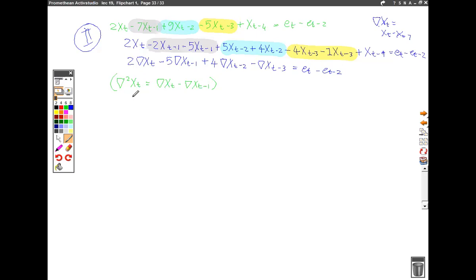So what you will get is 2 nabla xt, and now you want minus of nabla xt minus 1. So you just take 2 of those again. And now you have minus 3 left. So here you have 4 of these. So you only take 3 of this for it to be common. And now you're left with 1 of those. So you write 1 nabla xt minus 2. And what you will have is this as it is.